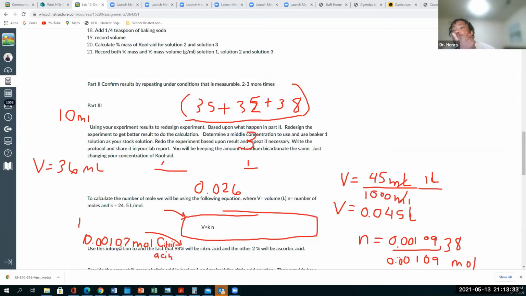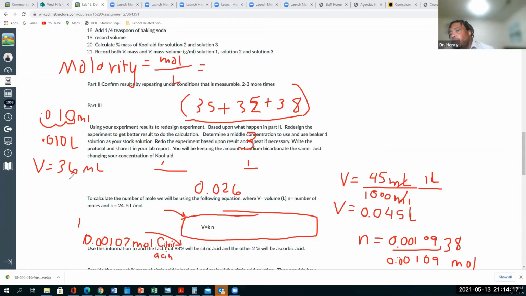So when you did that calculation, we did it in 10 mils, right? To get the concentration, we wanted moles over liters. So I want to change these milliliters into liters. So it's going to be 0.010 liters. So molarity is equal to moles over liters.